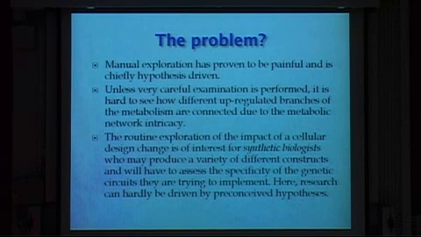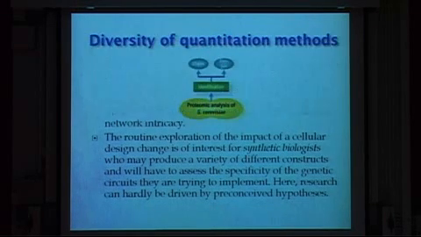And the routine exploration of how things are perturbed in a network when, say, synthetic biologists are making large numbers of changes is something we need to rapidly improve, because it's going to be very painful to do large numbers of these analyses. It's something we really need to solve if the field is to move forward rapidly.